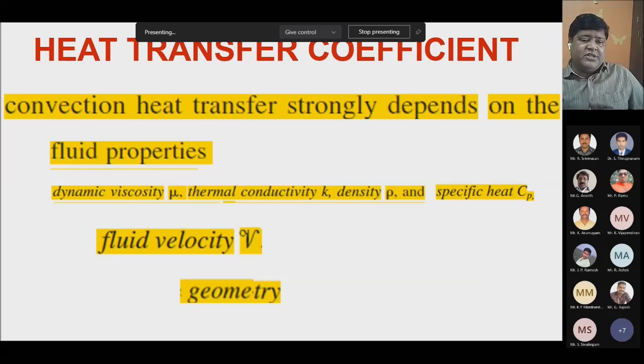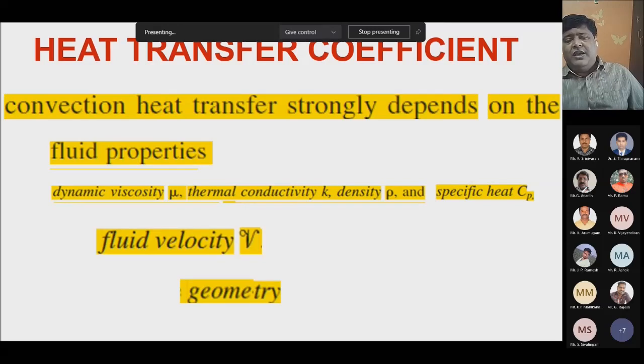So we go for a non-dimensionalization approach, where the dependency of h on all these variables is grouped into 3 groups. You have this in fluid mechanics. I think students study the Buckingham pi theorem, where the number of variables minus the number of dimensions, m minus n, gives you the number of groups, the pi groups.